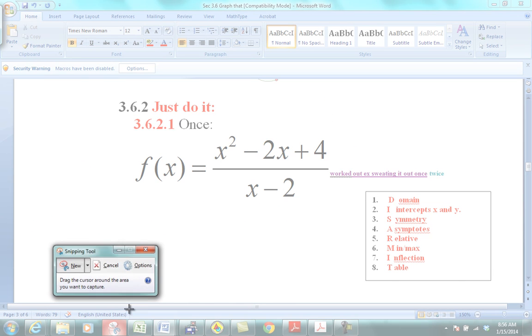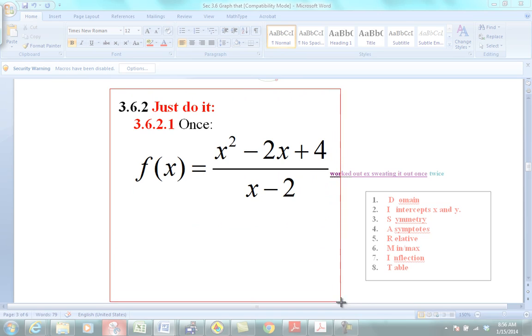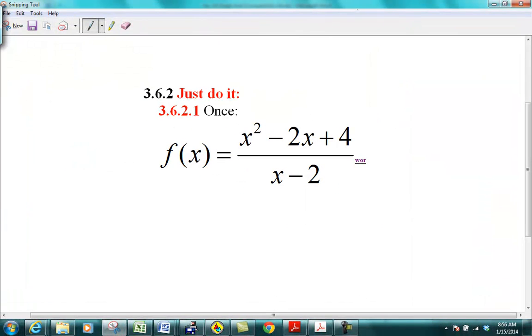So let's go snip this. And so my f prime of x was equal to x squared minus 4x all over x minus 2 quantity squared. Okay.